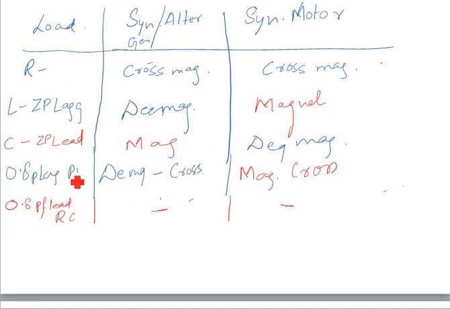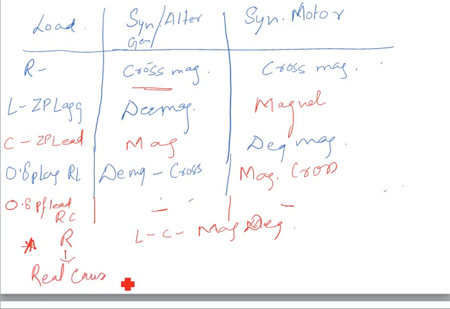Why are we doing it? We need to understand that two references can be made. Whatever is R load produces cross magnetizing, while L and C produce magnetizing or demagnetizing, right? So this R load is the real cause for torque production, in anything, whether it is an alternator or synchronous motor.